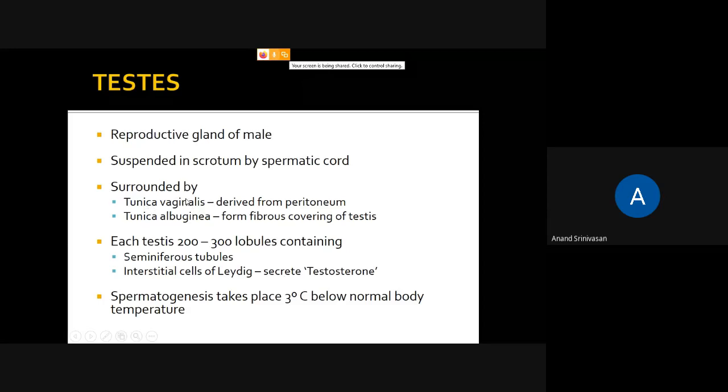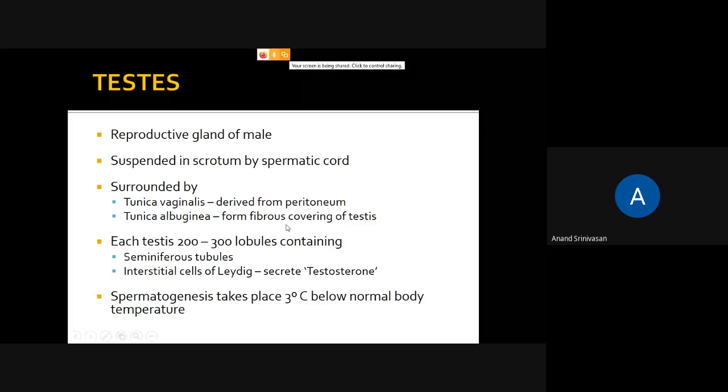Tunica vaginalis is derived from the peritoneum. The peritoneum, you know, is present in the abdomen. Whereas tunica albuginea forms the fibrous covering of the testis. It covers tightly the entire testis.